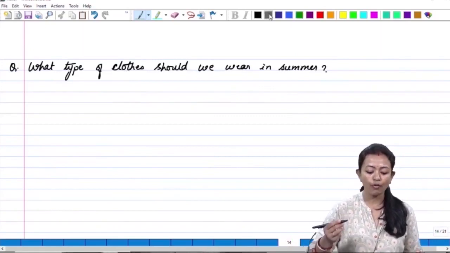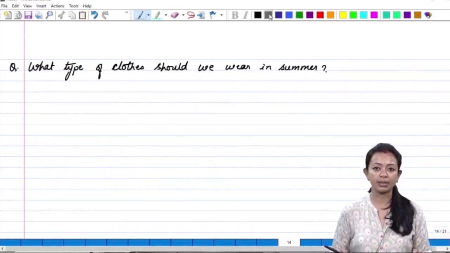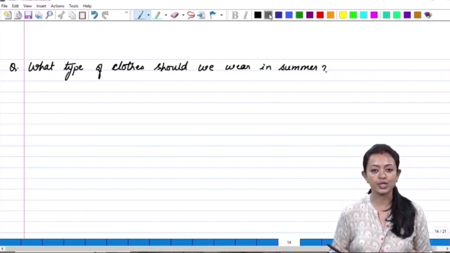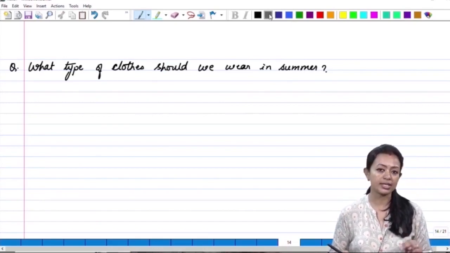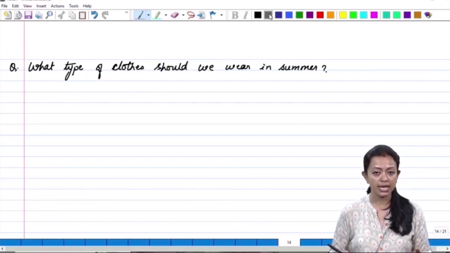Alright, now let's move to the next question. What type of clothes should we wear in summer? What do you think? We had already discussed. Definitely it has to be cotton. Why cotton? There are two reasons. One reason is that cotton is a very good absorber of moisture. Second, cotton has a lot of air gaps, air pores on it.